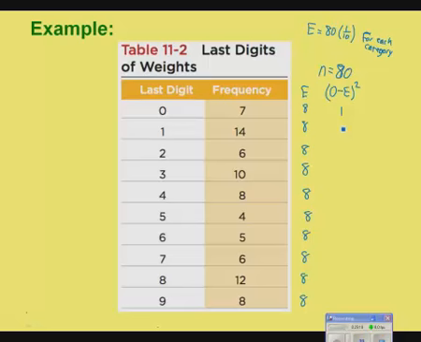Here, what's this difference? 14 minus 8 is 6, so when I square it, I get 36. And you could have the technology do it, but to me, this is so easy that we may as well do this since we're doing the example so you can kind of understand what's happening. Okay? So there's O minus E squared.